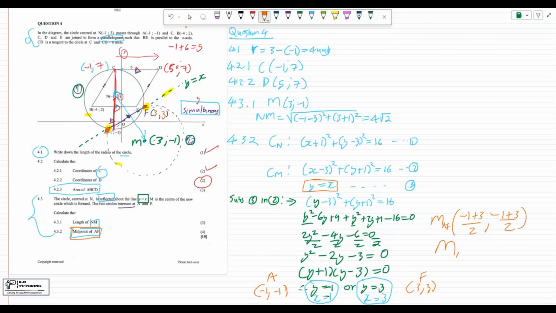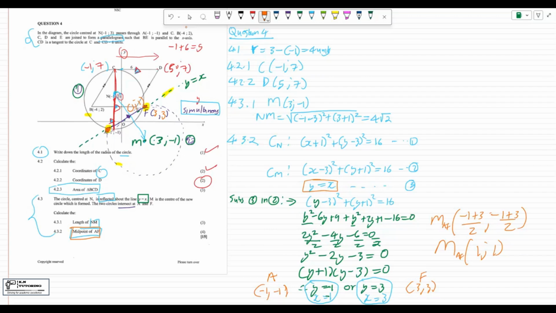Therefore, the midpoint of AF is what? It's 1 and 1. So it means this point here is 1 and 1. What a question. 4 marks. Yeah, you were supposed to sweat for this 4 marks.